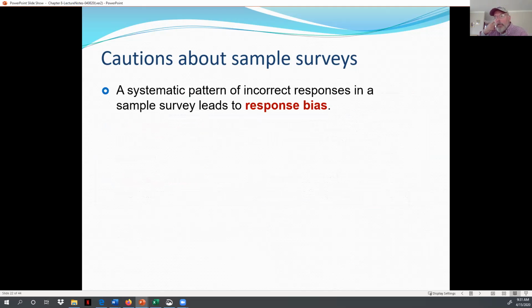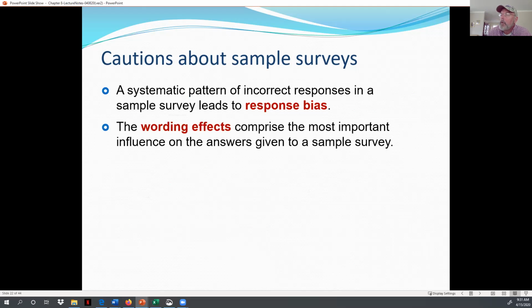A systematic pattern of inaccurate or incorrect responses leads to response bias. The wording of questions in your survey has a very important part in controlling bias. Many times questions are leading and lead the survey to one or another way of answering the questions.